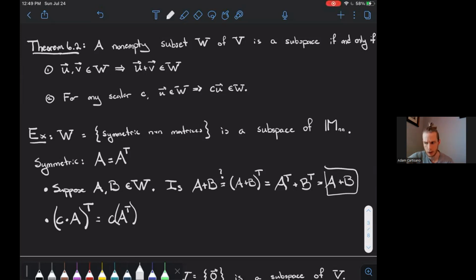You can imagine working this out: scale the matrix A by C, then take its transpose. Every single entry of A has a multiple of C inside of it. Factor that out, and what's left is C times the transpose of A. It's kind of boring. But A transpose is equal to A because A is symmetric, and so this is just CA.